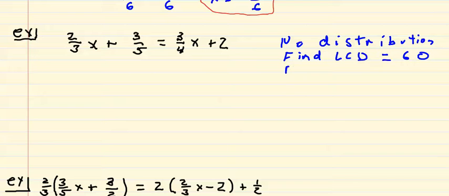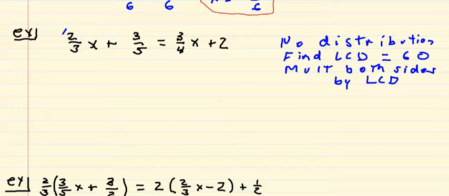So we multiply both sides by the least common denominator. So, times 60, using parentheses, times 60. Now we have to distribute.